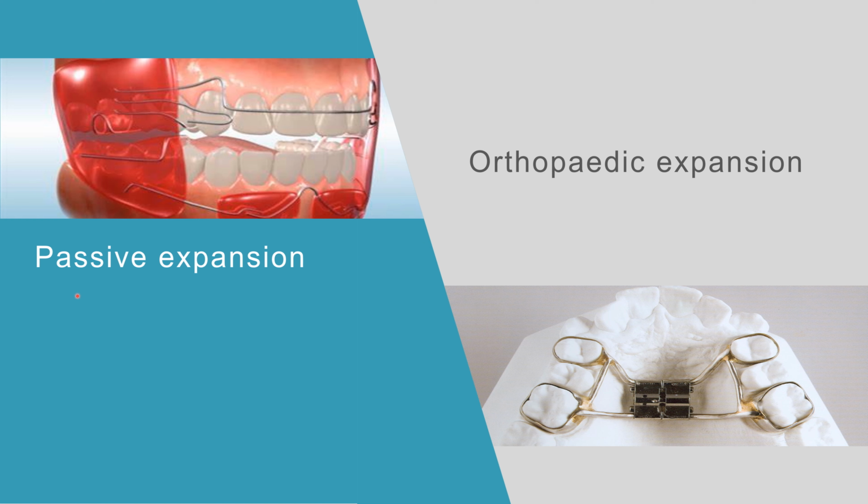In passive expansion, the expansion is due to the effect of the tongue on the upper arch, increasing the pressure of the tongue relative to the pressure of the cheek on the dental arch, by eliminating the effect of the cheek using the buccal shield and lip shield, which is called the Frankel orthopedic appliance.